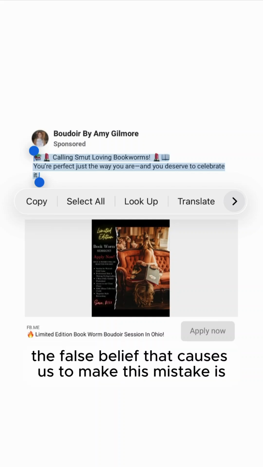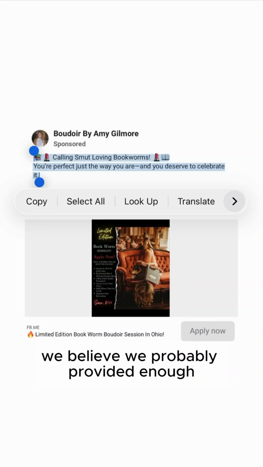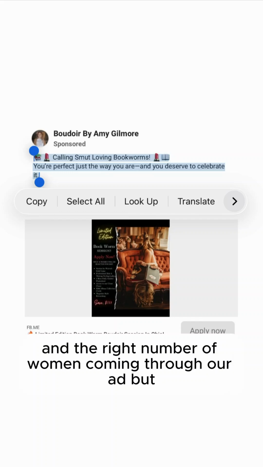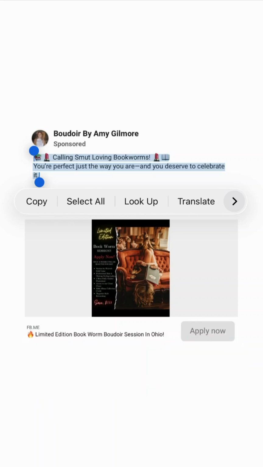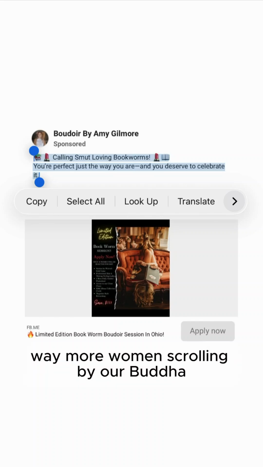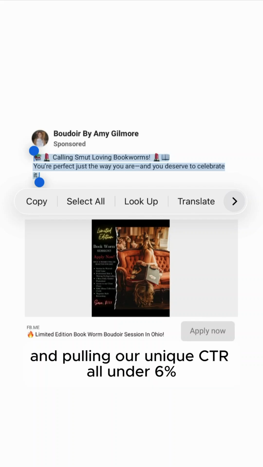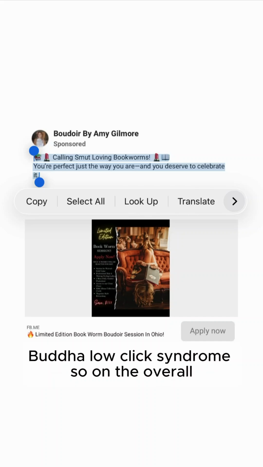The false belief that caused us to make this mistake is we believe we provide enough context to maximize and optimize the number of women and the right number of women coming through our ad. But we didn't do that, so the consequence is way more women scrolling by our Boudoir Facebook ads than necessary, and pulling our unique CTR under 6%, contributing to BLCS, Boudoir low click syndrome.